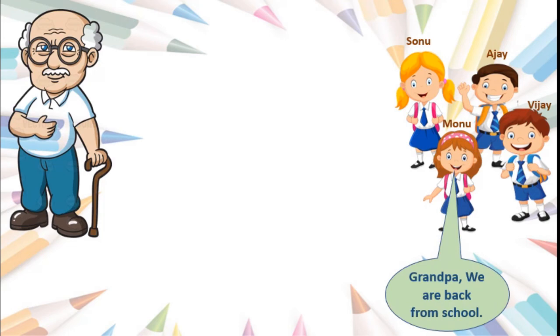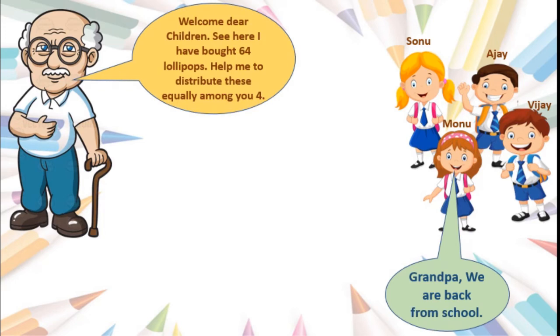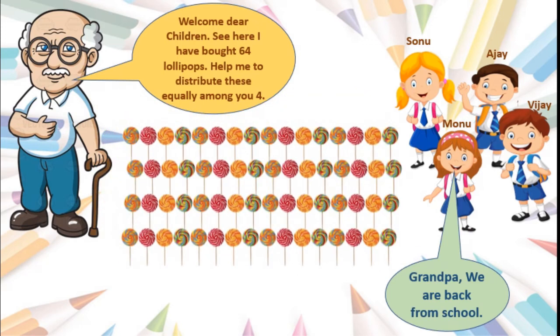Monu said, Grandpa, we are back from the school. Grandpa said, welcome dear children. See here, I have bought 64 lollipops. Help me to distribute these equally among you 4. I want to give you all these 64 lollipops, but I want to give them in equal numbers.